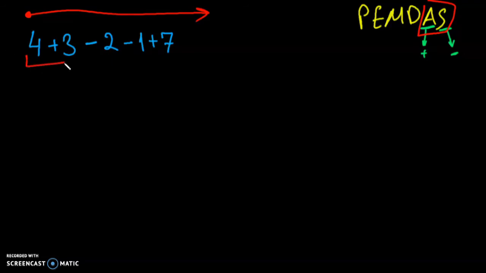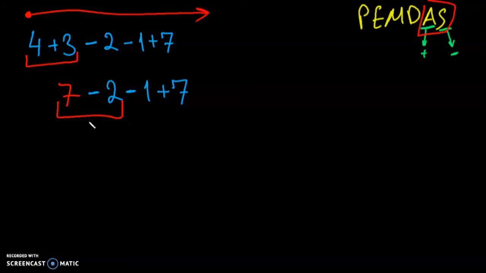So we take the first two numbers, 4 plus 3, 7, and you copy the rest. Minus 2, minus 1, plus 7. Now you take the first two again. 7 minus 2, 5. And you copy the rest. Minus 1 plus 7.